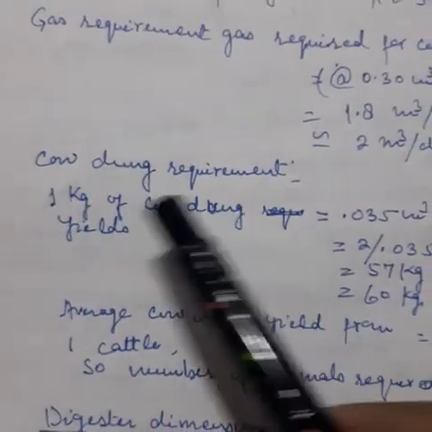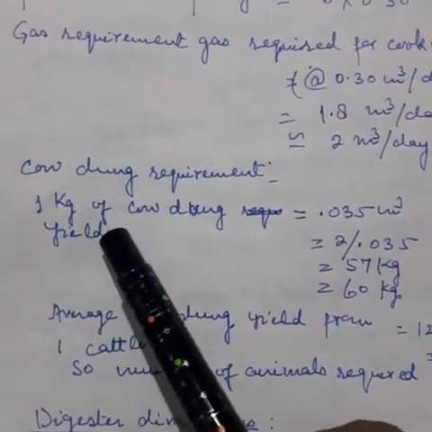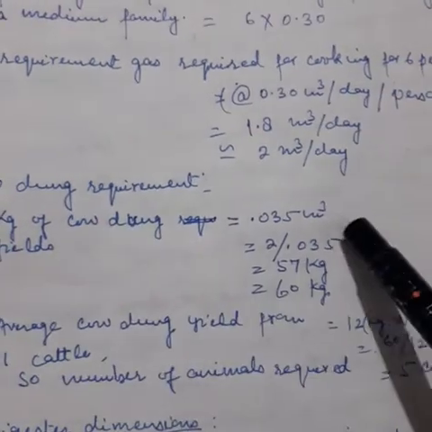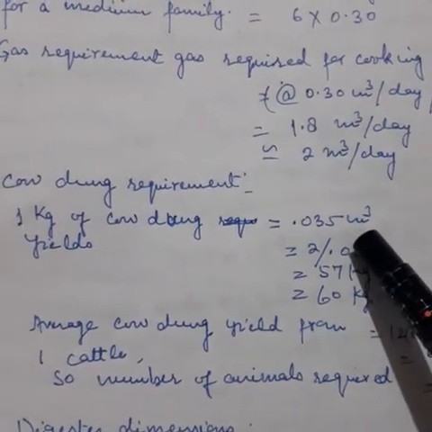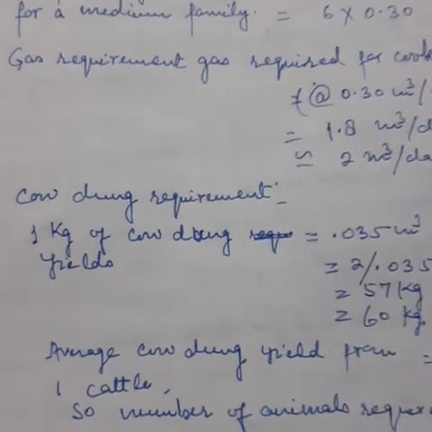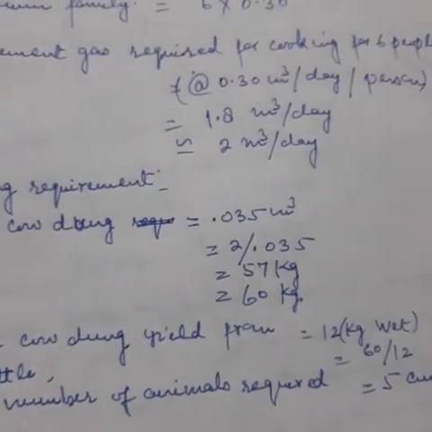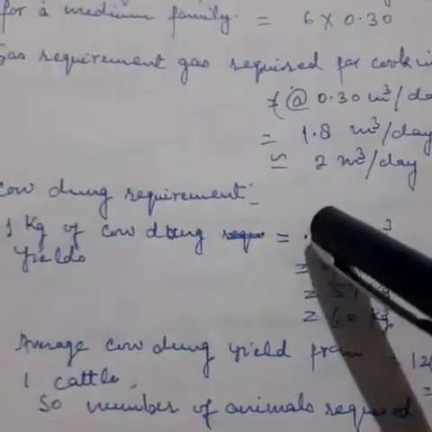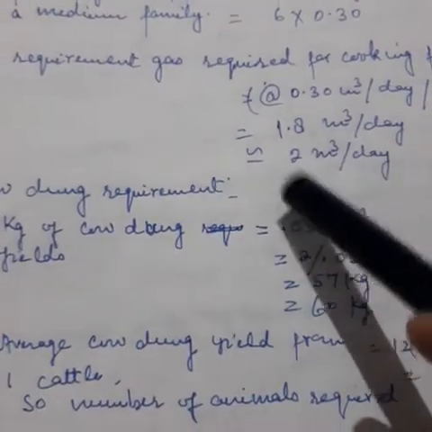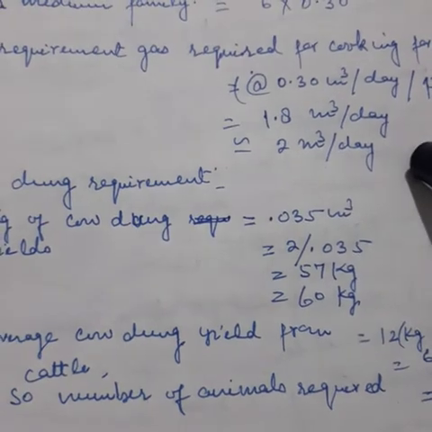So in the cow dung requirement, suppose that 1 kg of cow dung yields 0.035 meter cube of gas. The total gas requirement for 6 persons is 2 meter cube per day.